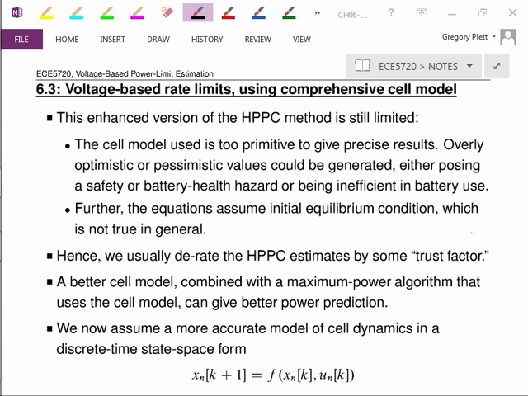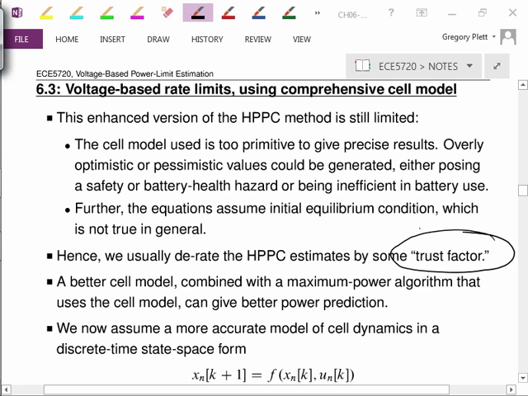If we aren't able to improve the method, I mentioned that we can use a derating factor or a trust factor to multiply the estimate by this value, say 0.9 for example, in order to hopefully maintain life, because we're generally more concerned with safety and battery health than we are about efficiency.